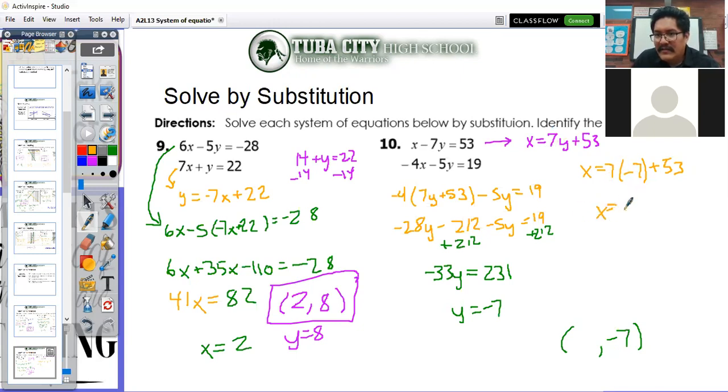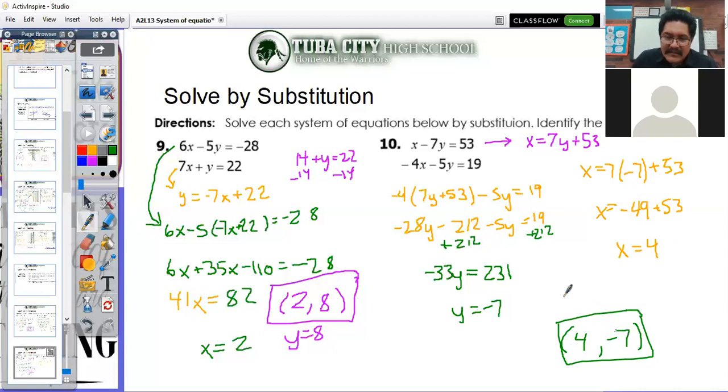And this becomes 7 times 7, which is -49, because one of them is negative. 53 minus 49, x equals 4. So that means my first value is 4. And again, be careful, because a lot of people tend to put the first thing they find into the x slot, but no. You got to put them in the right place. There is an x and a y.